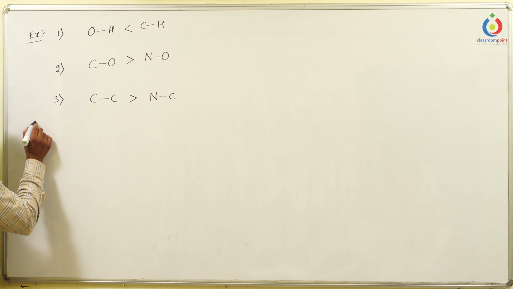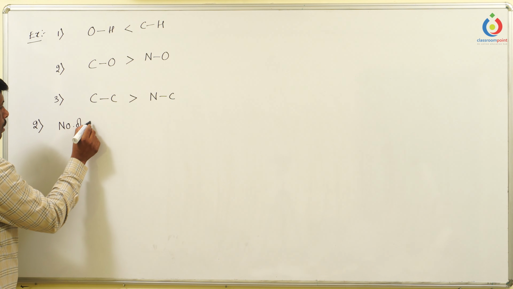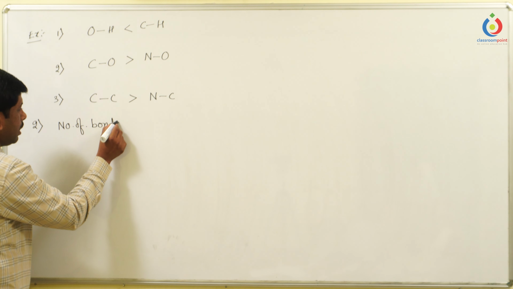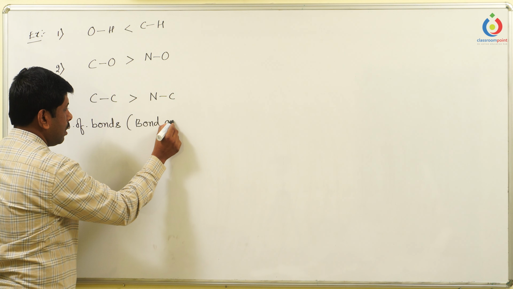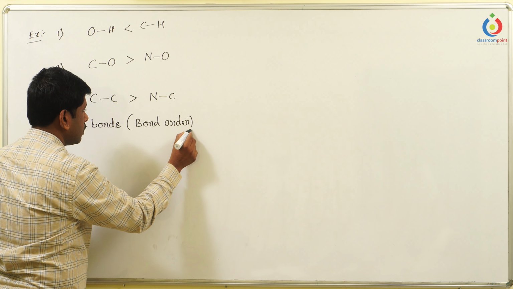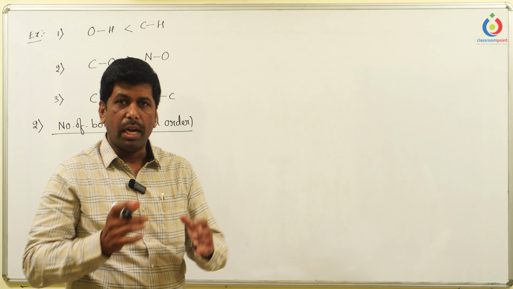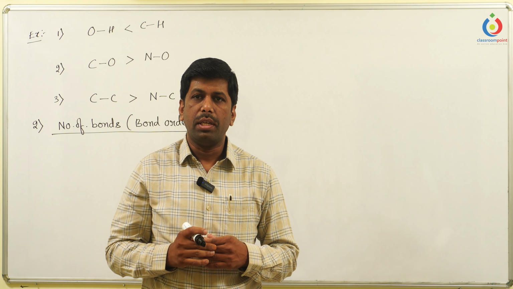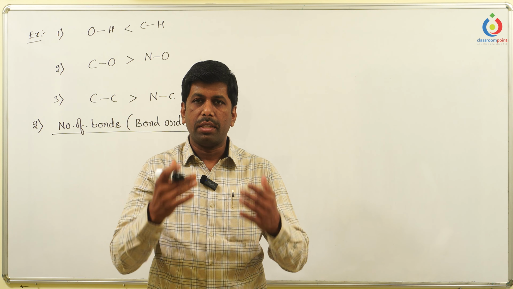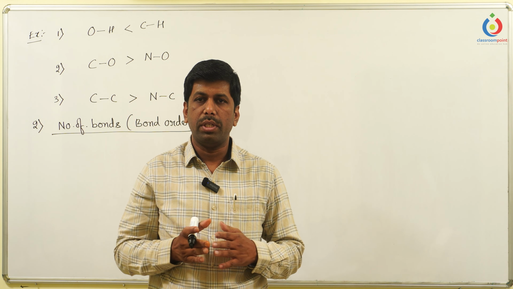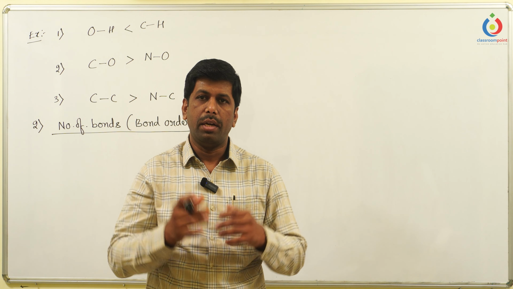Next, another parameter that influences the bond length is the number of bonds between the bonded atoms, which is also known as the bond order. Basically, bond means attraction. When the number of bonds increases, the attraction between both of these atoms also increases. When attraction increases, automatically atoms come closer to each other, so the length between the nuclei of both bonded atoms gradually decreases.